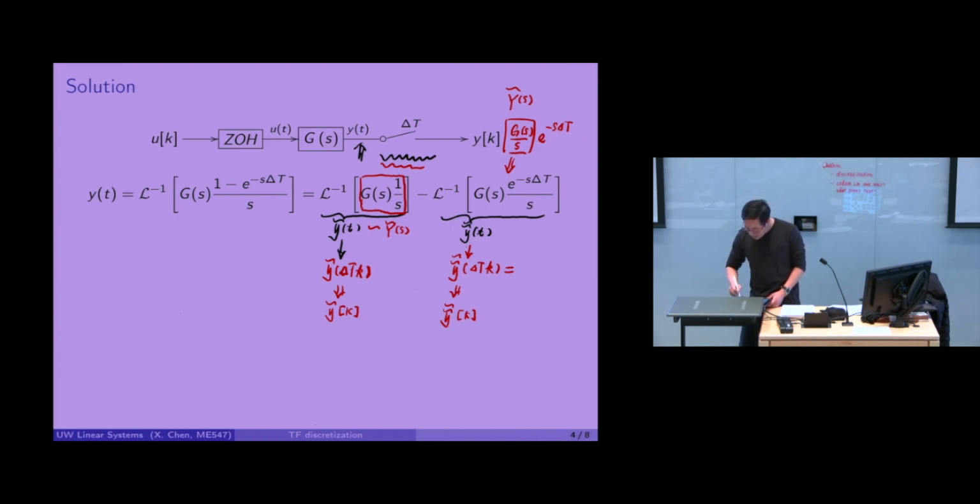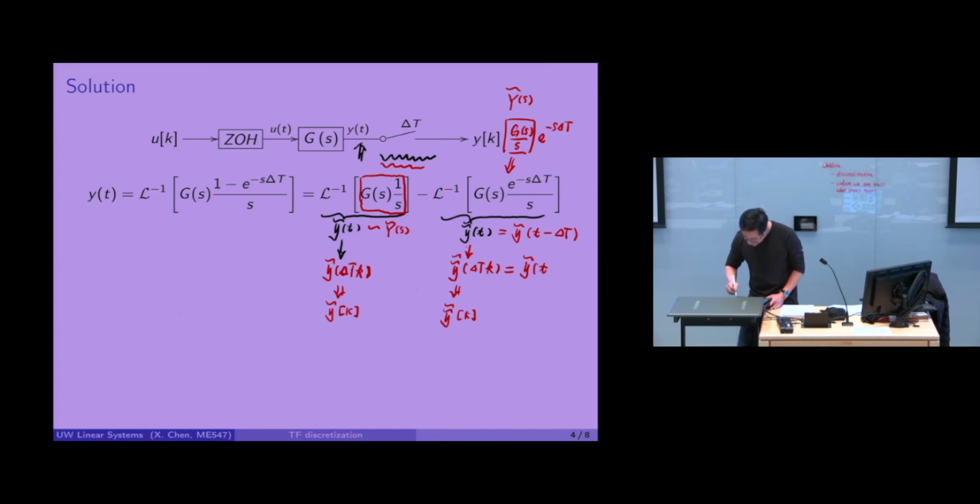So what does that tell us? It tells us Y double tilde t is Y tilde t delayed by delta t, right? An exponential function in the Laplace domain is a delay in the time domain. So Y double tilde t is actually very similar to Y tilde t.